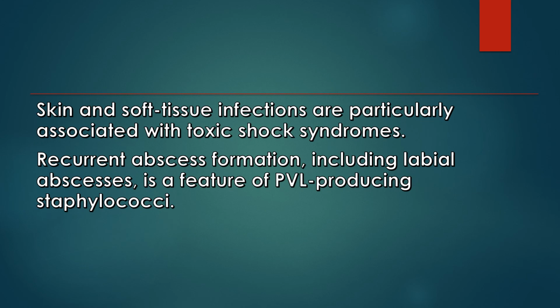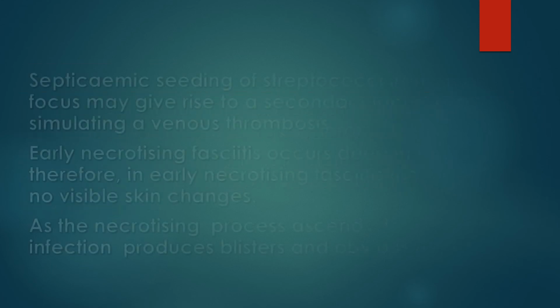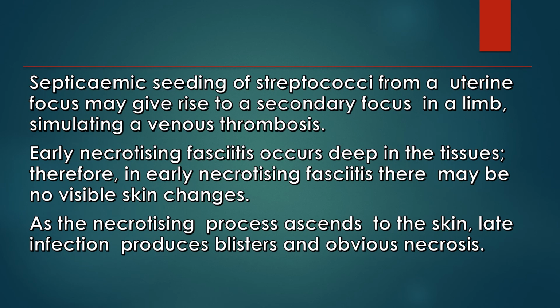Skin and soft tissue infections are particularly associated with toxic shock syndromes. Recurrent abscess formation, including labial abscesses, is a feature of PVL-producing staphylococci. Septicemic seeding of streptococci from a uterine focus may give rise to a secondary focus in the limb, simulating a venous thrombosis.